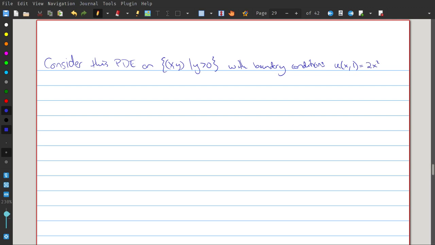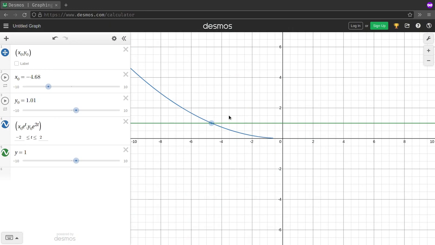So on this particular line, this green line, we know the values of the function u.